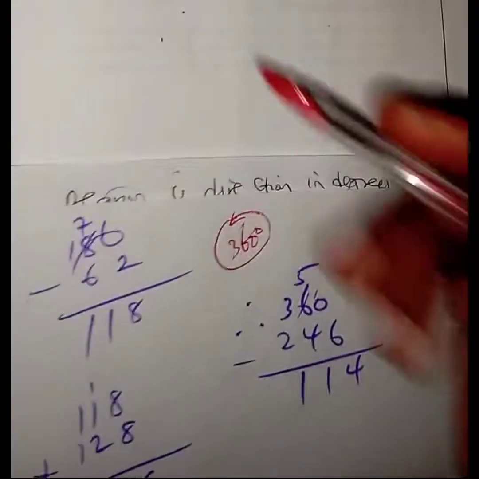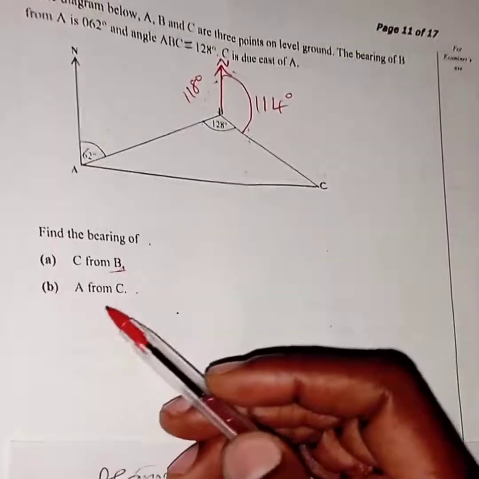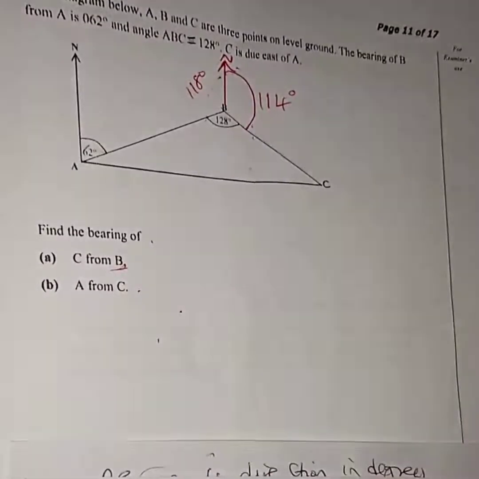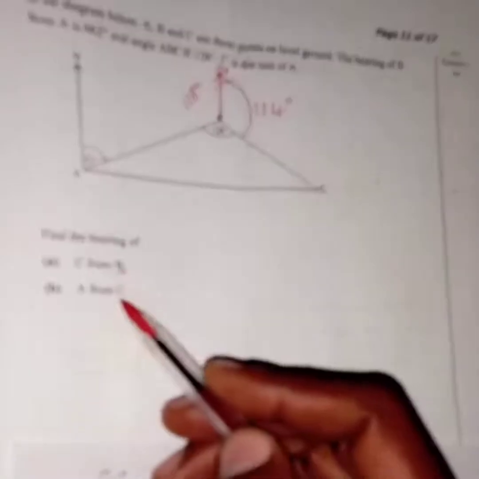So we move on. The next question is talking about A from C. So you draw your true north where they say from.